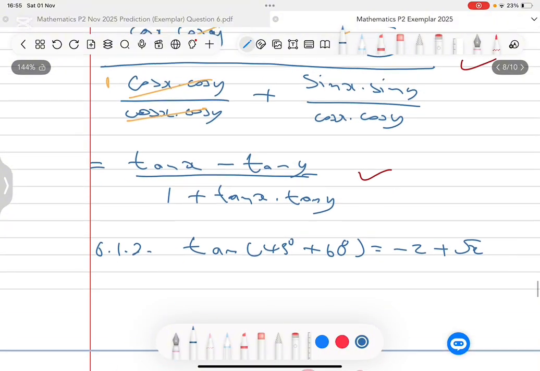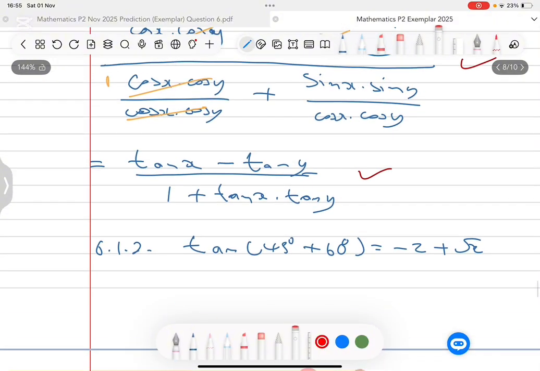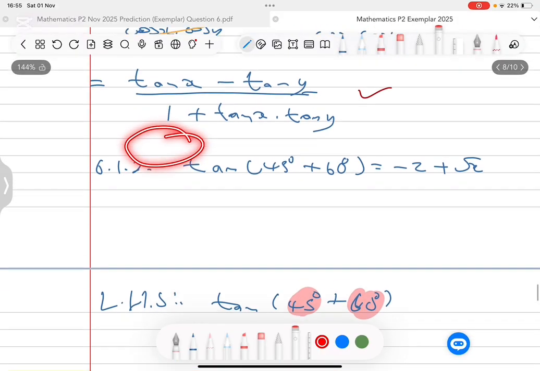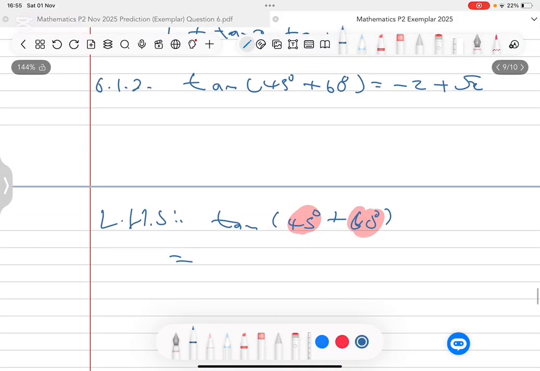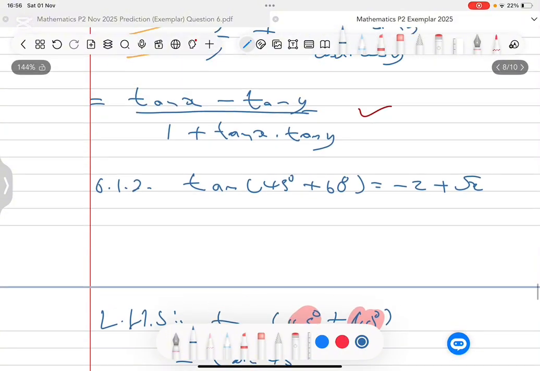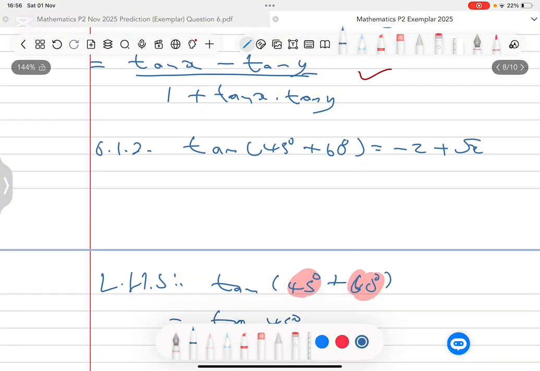So what I'm going to do now, I'm going to start with the tan of the first angle here. So we're going to have tan of 45 degrees, and then we're going to subtract tan of the second angle here, y. Remember, I'm saying that here we are having tan of x minus y.